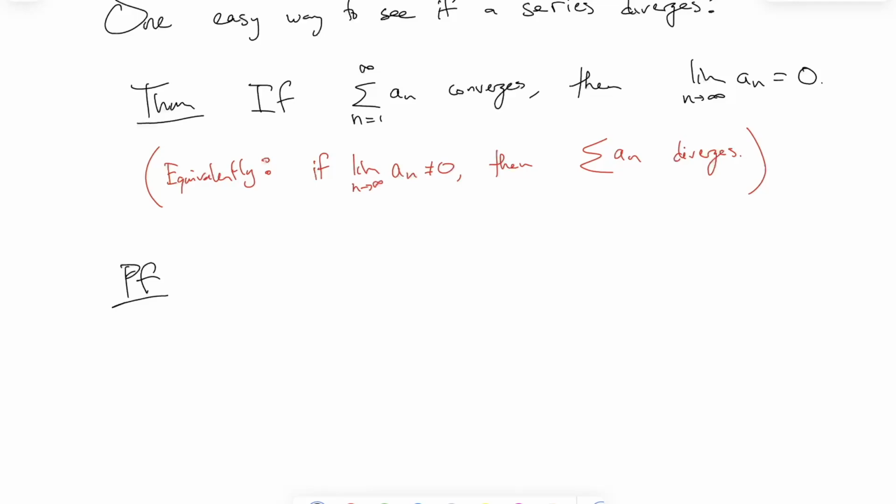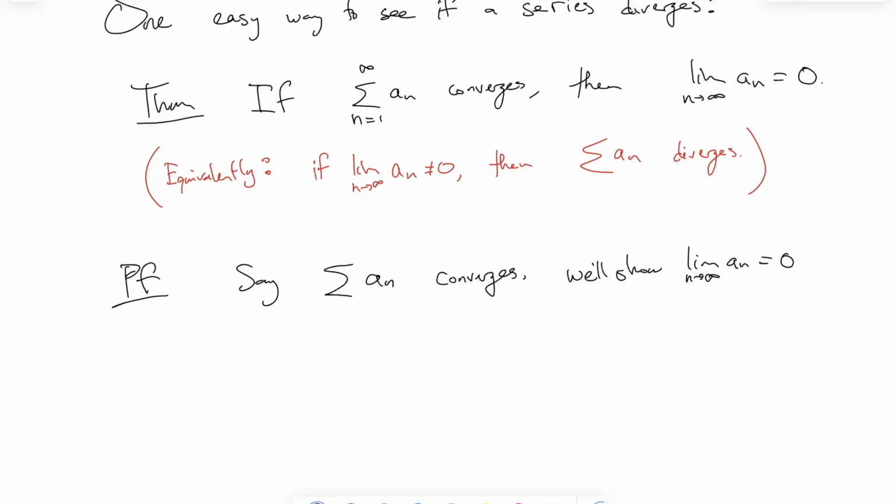So I'm going to say that the sum of an converges, and my goal is to show that the limit of an equals 0. That's what the statement in black says: if it converges, then the limit is 0. So we imagine that this thing actually converges, and then I'm going to show that the limit equals 0.